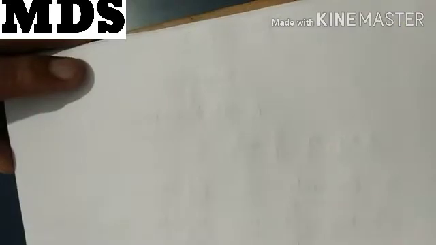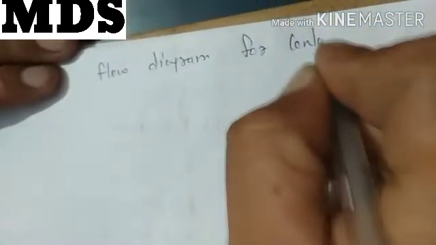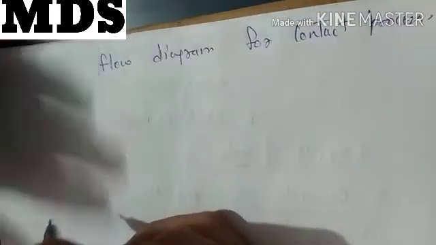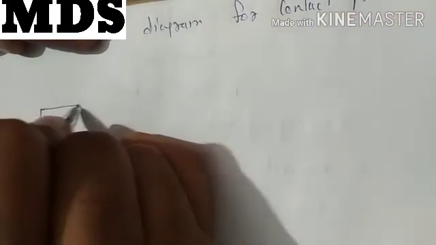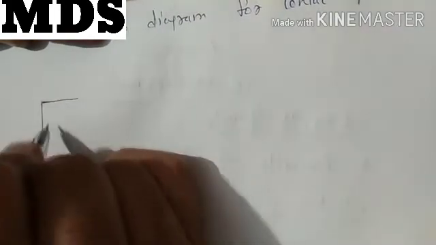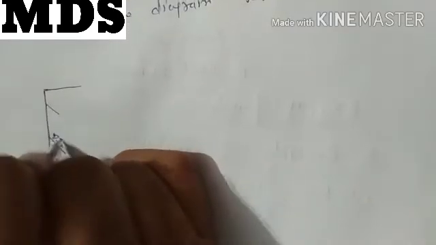Now I am drawing a flow diagram for the contact process. This is the first chamber. You will see the slots over which sulfur is put.